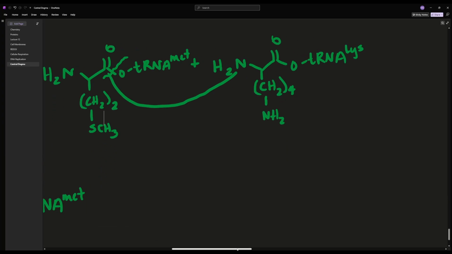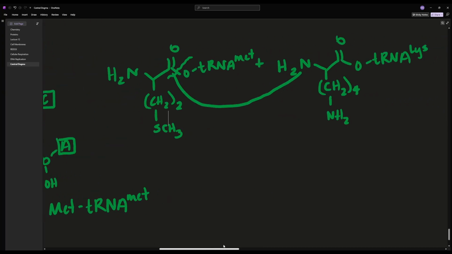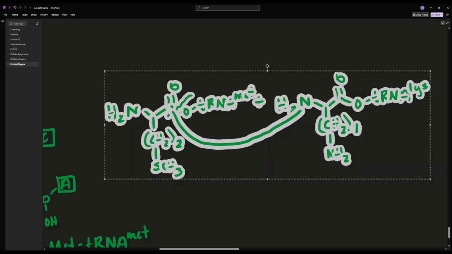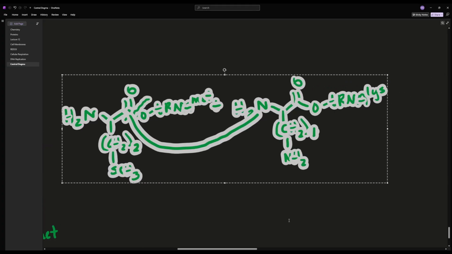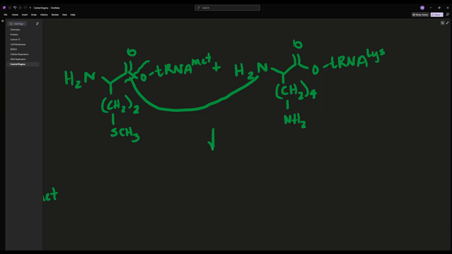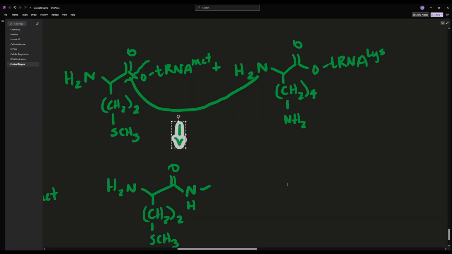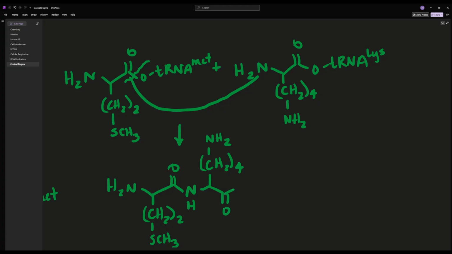So we're going to end up getting H2N for our methionine, and now it's going to be attached to our nitrogen, with the 4 CH2s and NH2. And this is still attached to its tRNA for lysine.